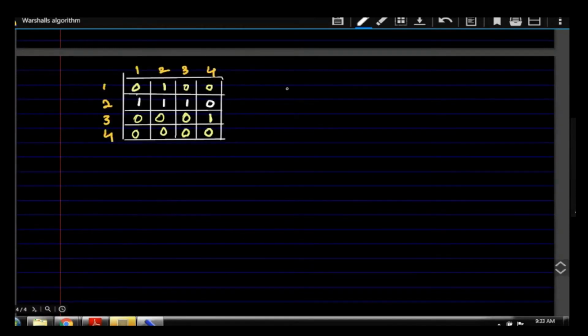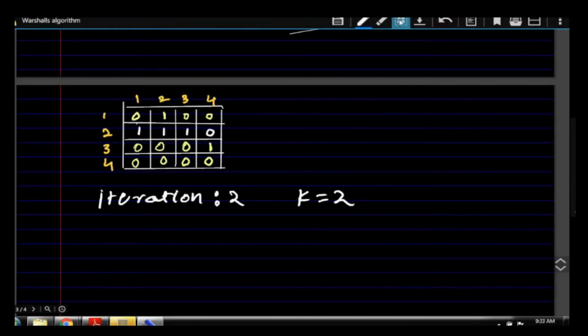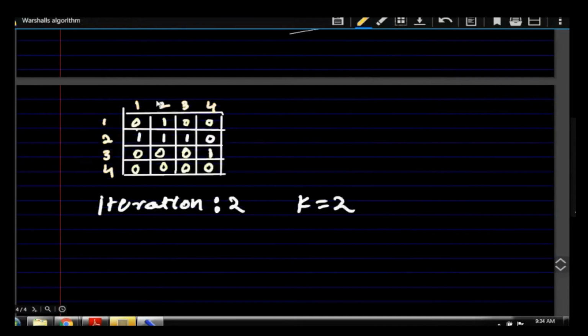Now you have to perform the next iteration, iteration 2, where k equals 2 now. So what you have to do here in k equals 2? Let me mark this row equals 2, k equals 2.